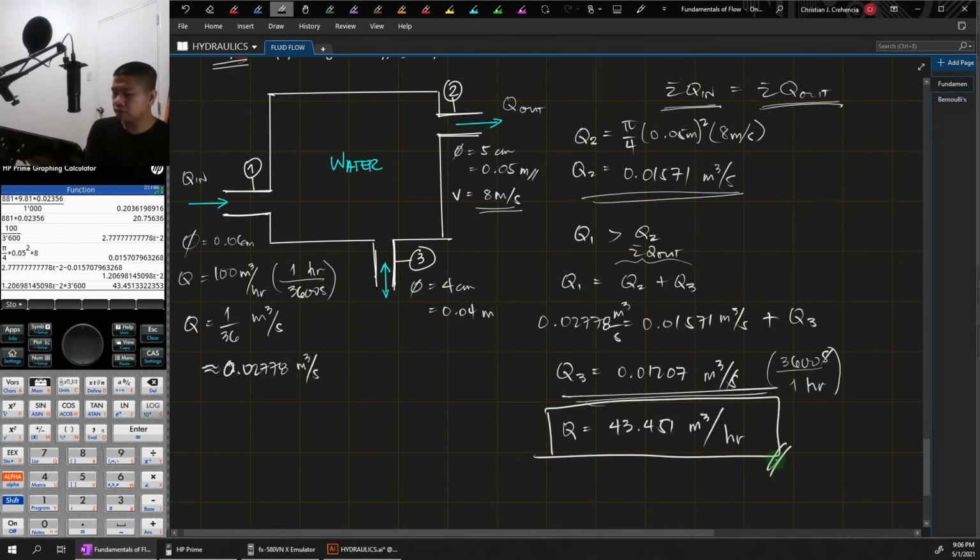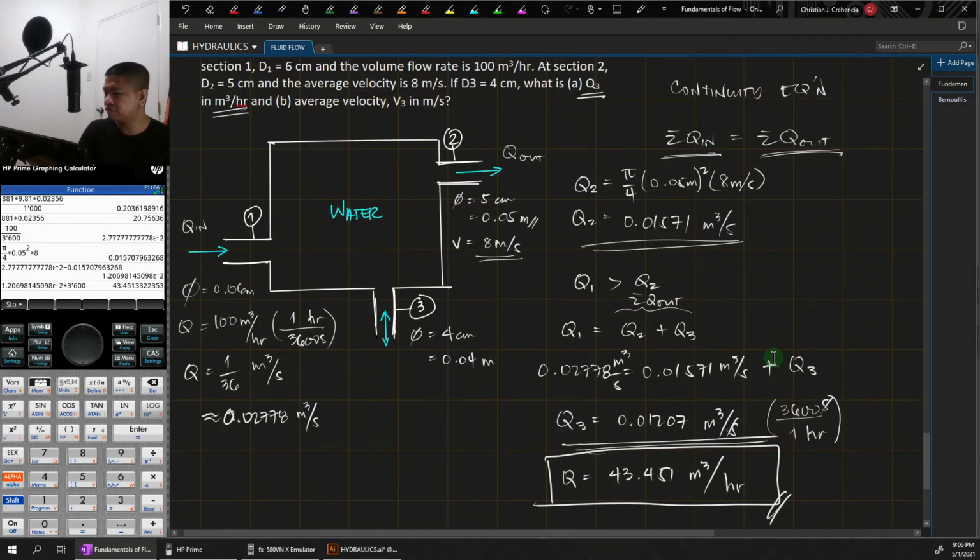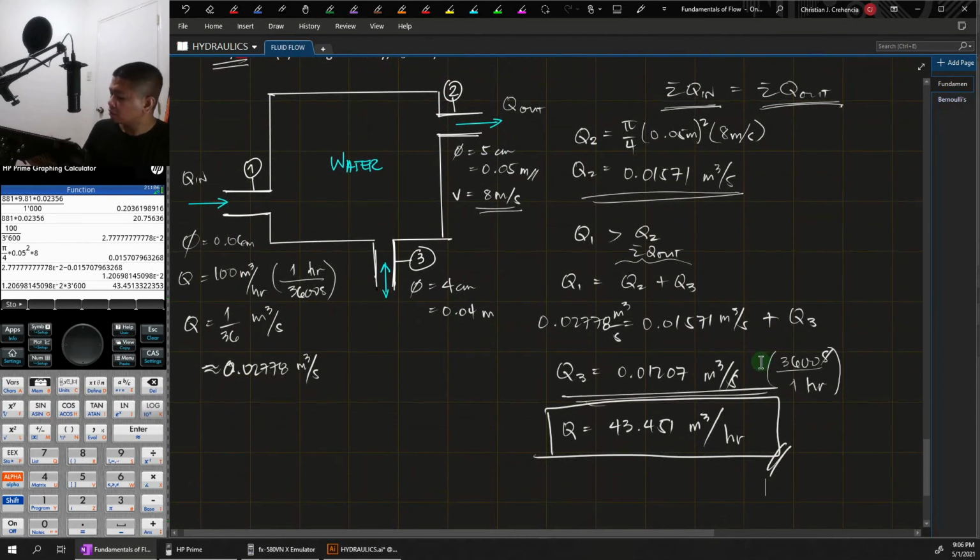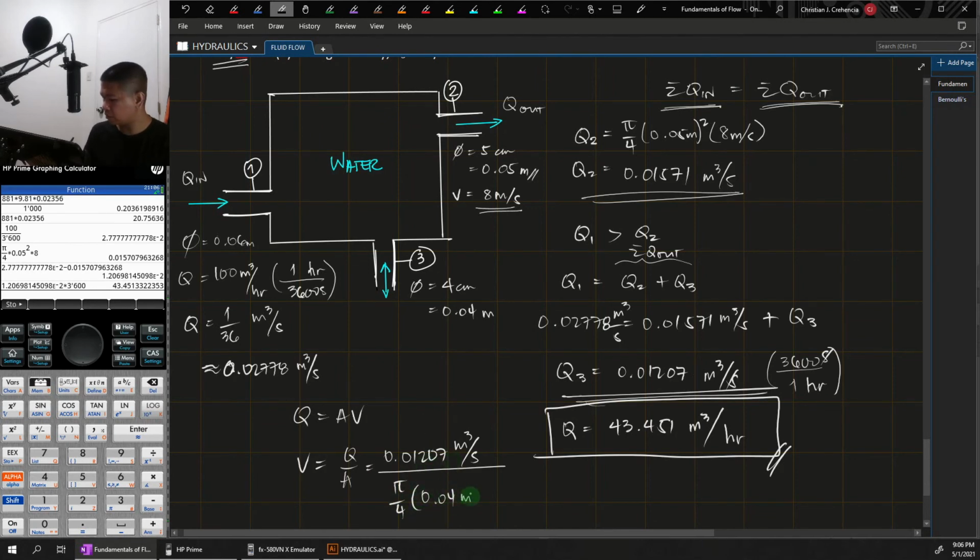Okay. So, what about the average velocity in meters per second? So, from the equation na Q is equals to AV and velocity is Q over A. So, yung discharge Q, cubic meter per second, 0.01207 cubic meter per second, then divided by area na pi over 4 times diameter 4 cm or 0.04 meter.